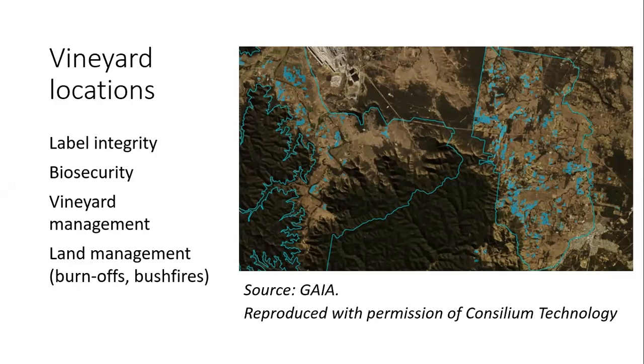So we know where vineyards are within regional boundaries, but also specifically where they are on the land. So this image that you can see here shows you that the little blue polygons are the vineyards detected by GAIA, and then the green boundaries are GI boundaries. So those particular two are Pokolbin and Broke Fordwich in the Hunter Valley.